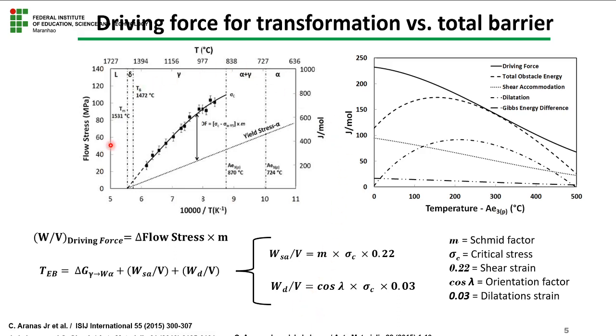But we have formulated an approach where we try to explain what is happening. First of all, when you see this diagram over here on the right part of the screen, we have this line here. It represents the Gibbs energy difference between austenite and ferrite.